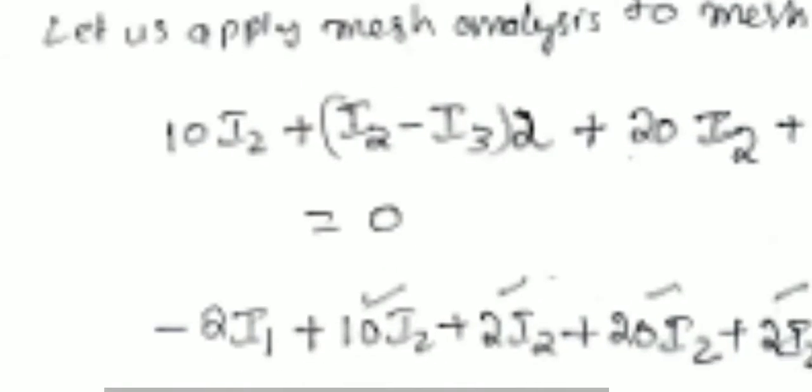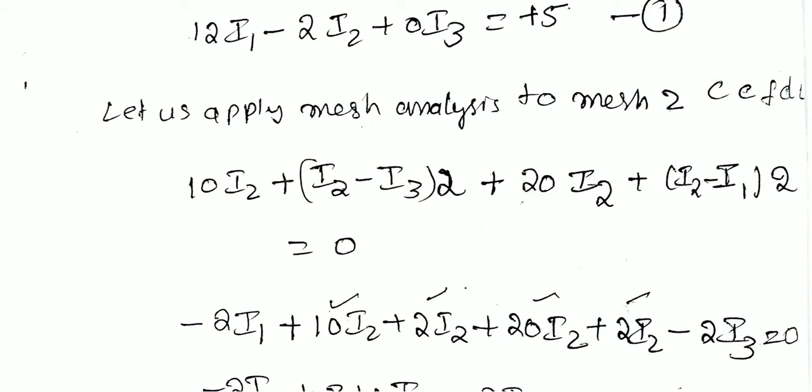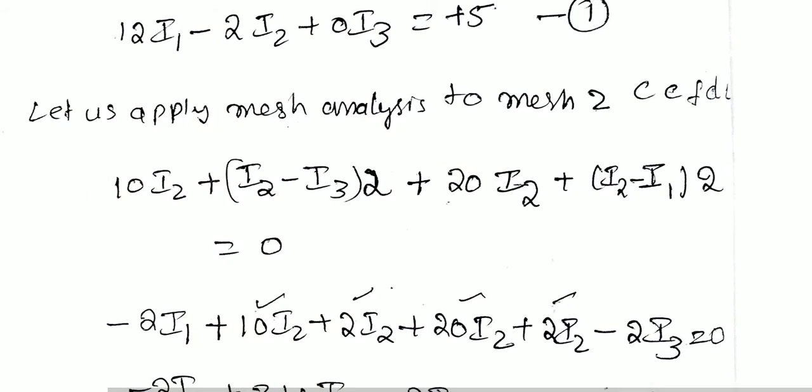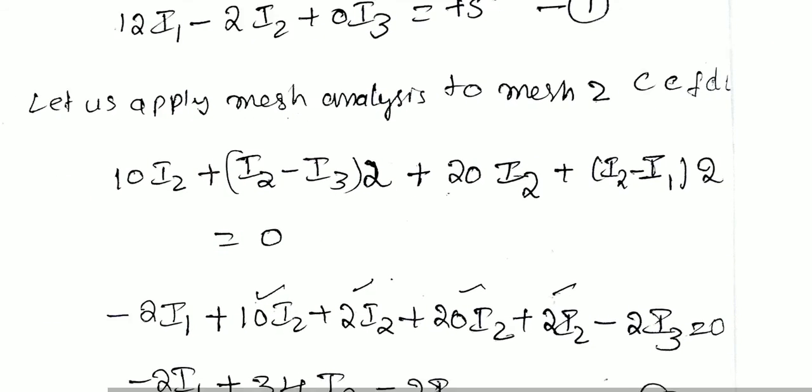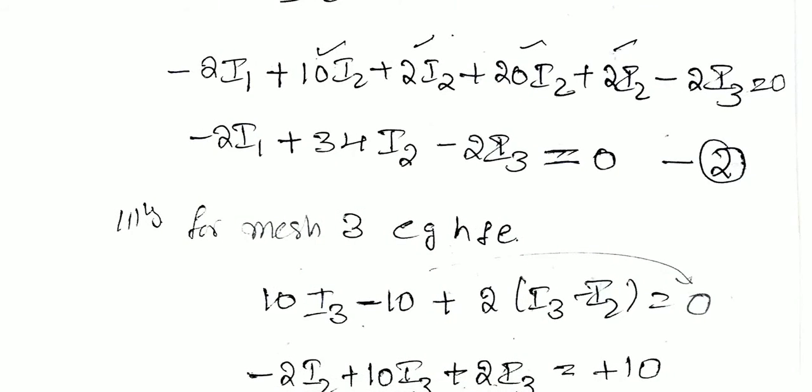Applying KVL, it looks like this: 10 into I2 plus (I2 minus I3) into 2 plus 20 into I2 plus (I2 minus I1) into 2 is equal to 0. After simplifying, it looks like this.